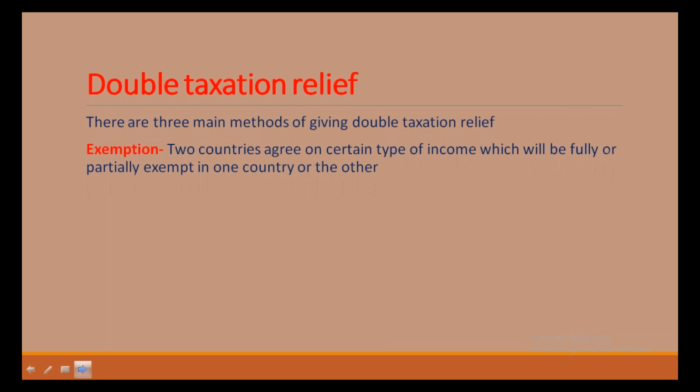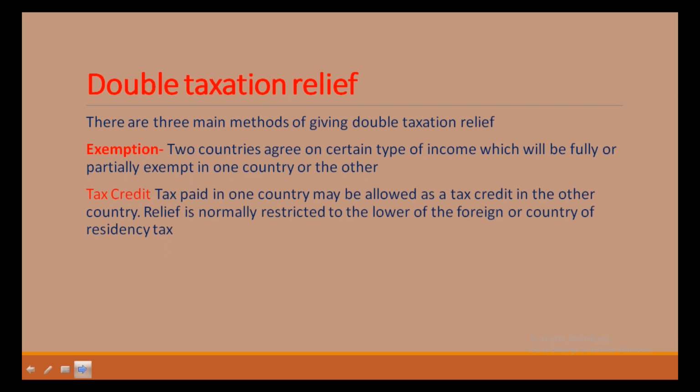So there are three methods. One is to exempt. You have a UK company, you have another USA company, but you are operating from the UK. The USA and UK have an agreement, and if you have paid taxes in the USA, you don't need to pay taxes again in the UK. So partially they can exempt, fully they can exempt, whatever the way they can do it.